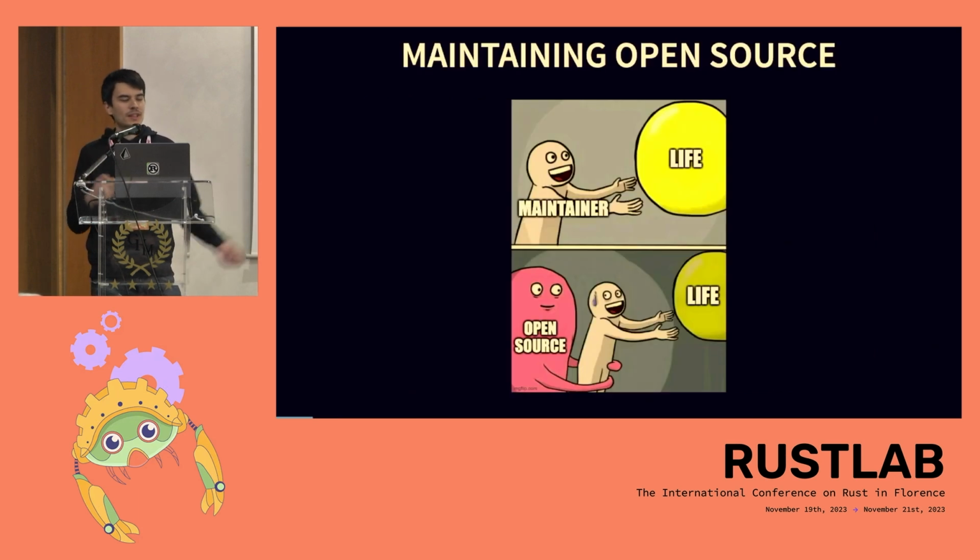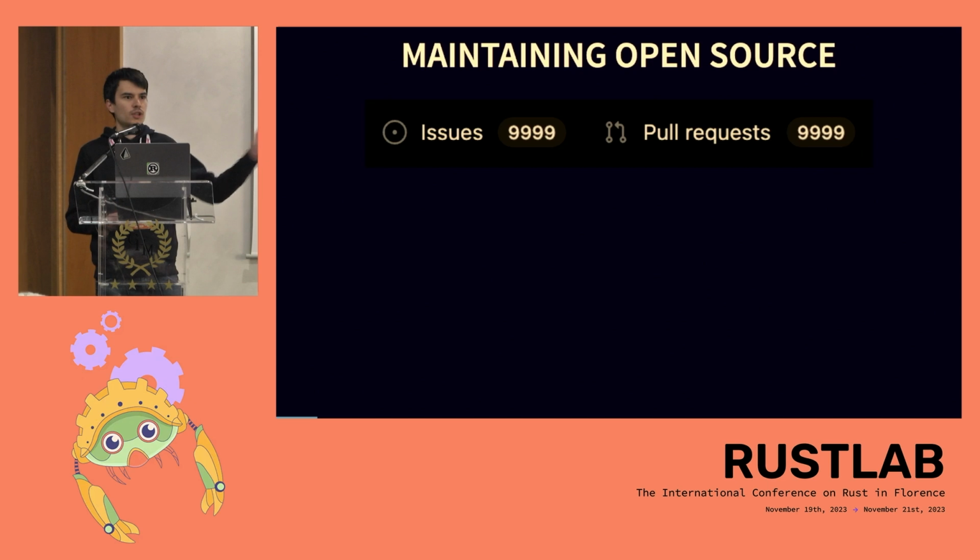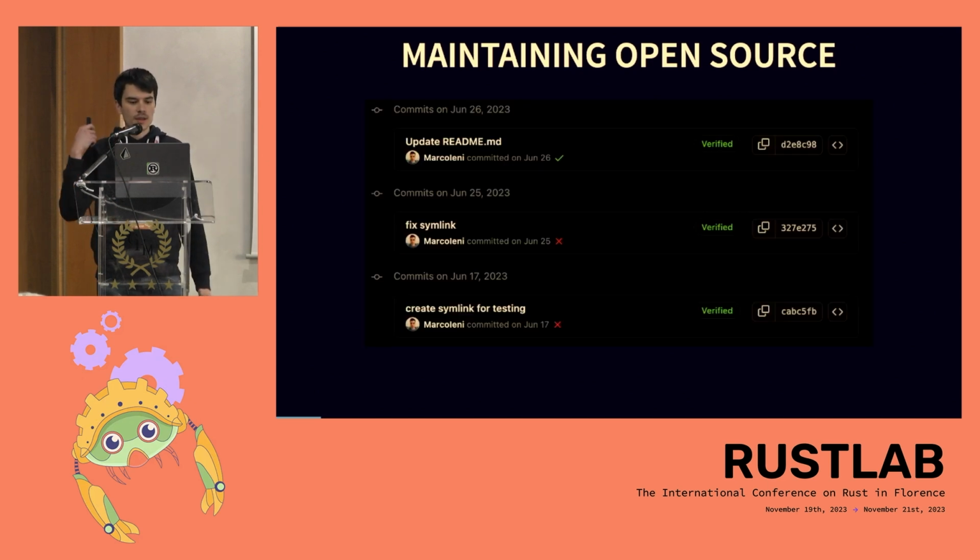But we knew that that wasn't the end of the story, because maintaining open source projects is hard. And I think I was in a really unique position because I was able to look at the struggles of me and my team working and releasing open source projects. And of course, you need to triage all the issues and review all the pull requests.